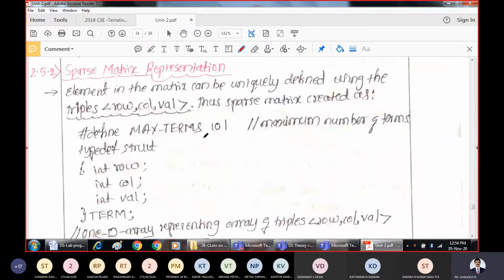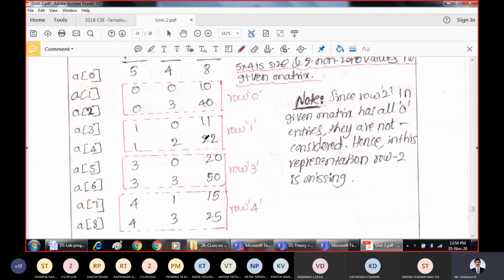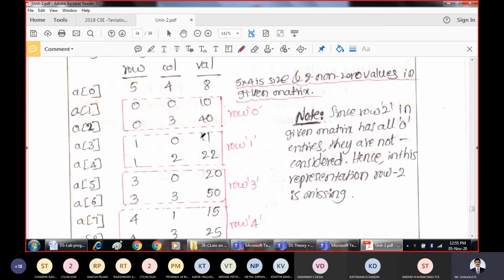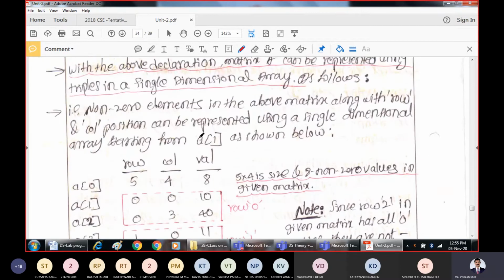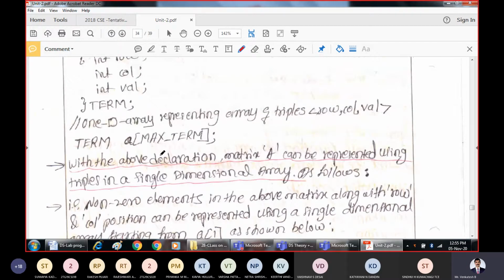ADT we have studied. So this is the structure definition. This is the representation for the given sparse matrix.